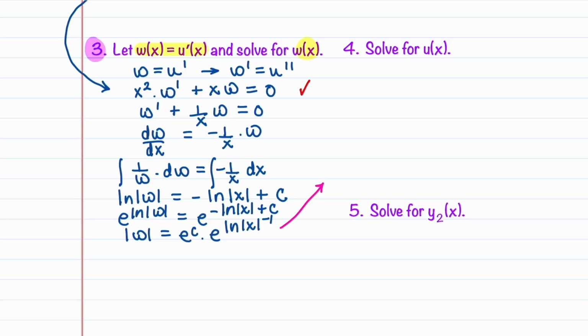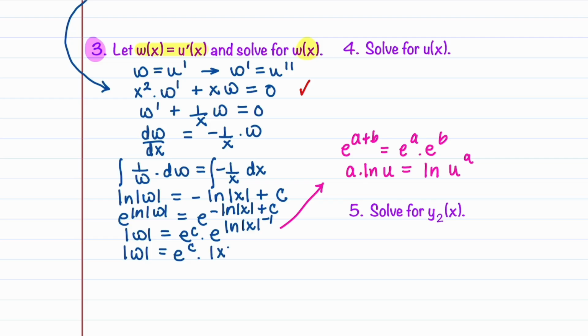So what we did here is we assumed that e to the a plus b is e to the a times e to the b, and that a times natural log u is equal to natural log u to the a. Now we can say that absolute value of w is equal to e to the c times absolute value of x to the minus 1.